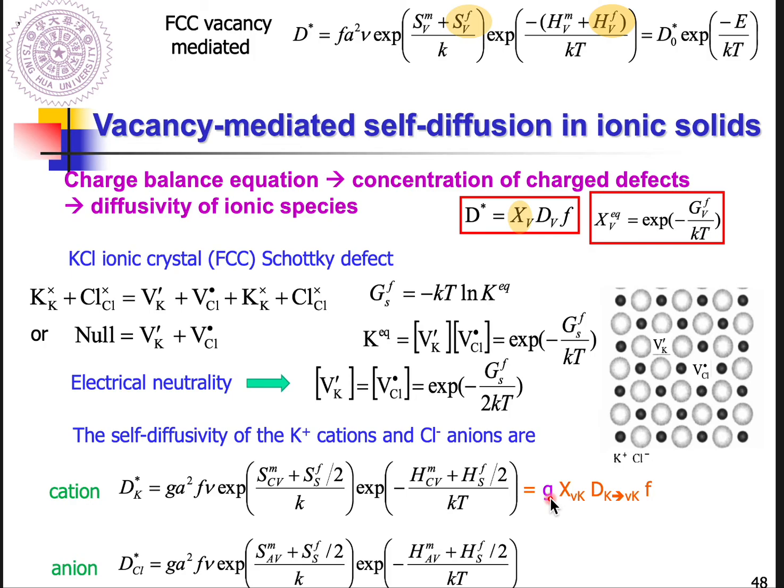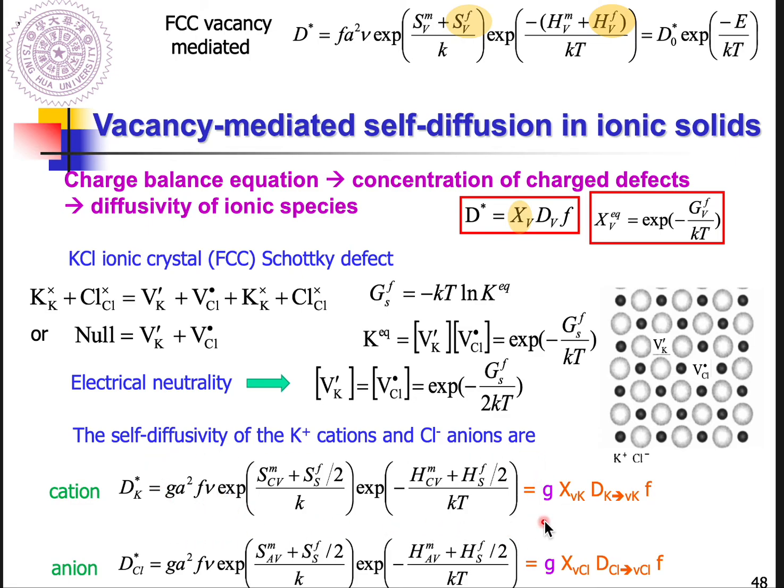So put all the coefficients into G. But the most important thing is you need to know the self-diffusivity for the potassium ion is proportional to XVK, Dk, the potassium diffusing through vacancy Vk, and F. And the same thing happens for DCl, the diffusivity for the anion Cl: the vacancy fraction for Cl, and the diffusivity for the chloride ions, the larger ones, diffusing through this VCl. So as long as you get this one, you can formulate this one.